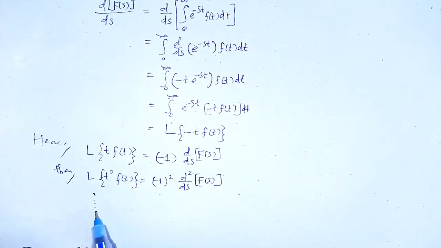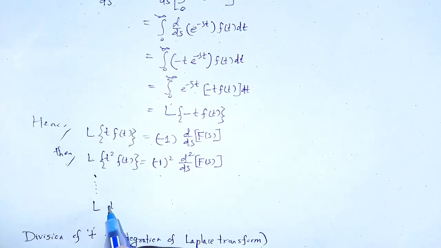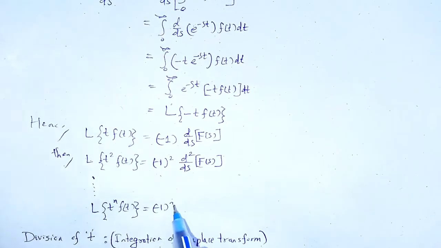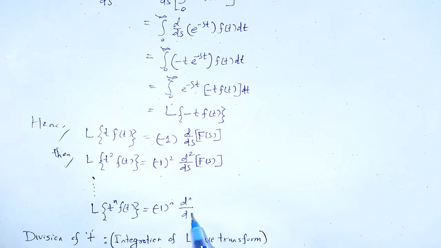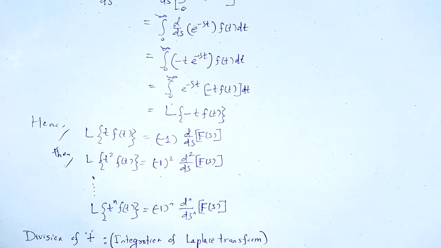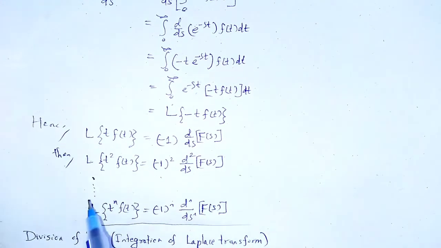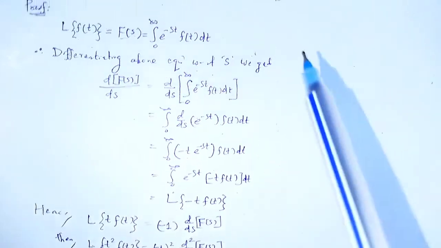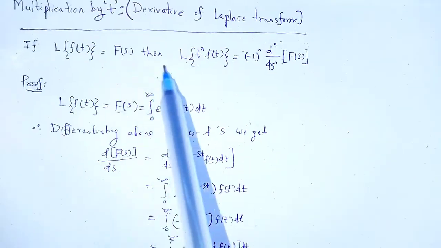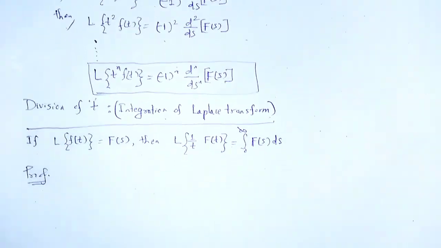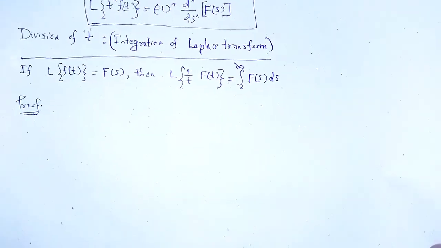Similarly, it proceeds as the Laplace transform of t to the power n f(t), which is equal to minus 1 to the power n, the nth order differentiation with respect to s of the function F(s). In this way, we extend the derivative of Laplace transform as multiplication by t. Next, for division by t, we use integration of Laplace transform.